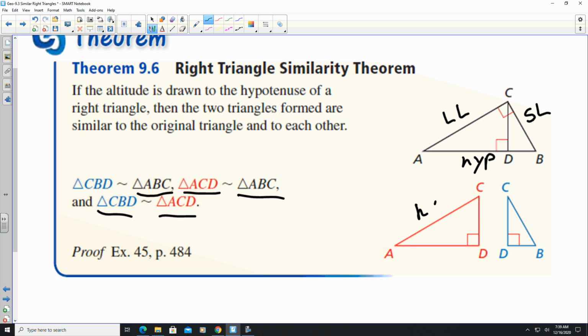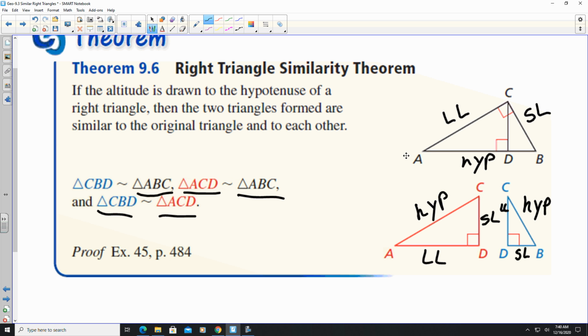You still have your hypotenuse right here, AC, and AD is larger than CD, so this is my long leg here, and this is my short leg here. And then finally, I have my small triangle. My hypotenuse is here for this triangle. This is my long leg, and this is my short leg. If you notice, some triangle names are different with respect to which triangle I'm looking at.